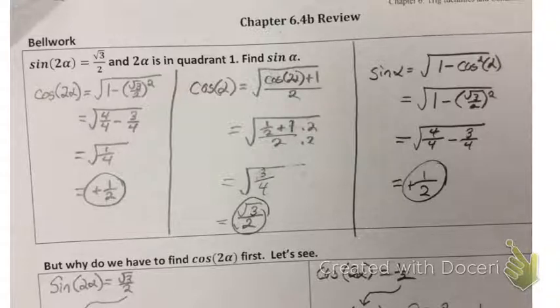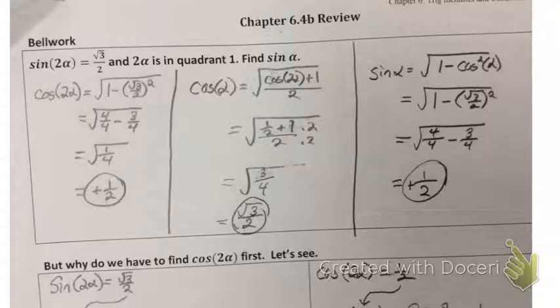So if my angle was 30 degrees, the double angle would be 60 degrees. In order for 2 times my angle to be in quadrant 1, the biggest angle it could be would be 89.9999 degrees. But if I divide that in half to get my original angle, it is still in quadrant 1.